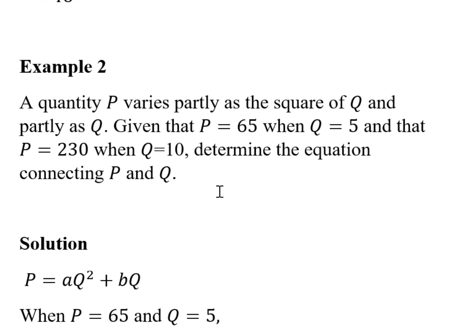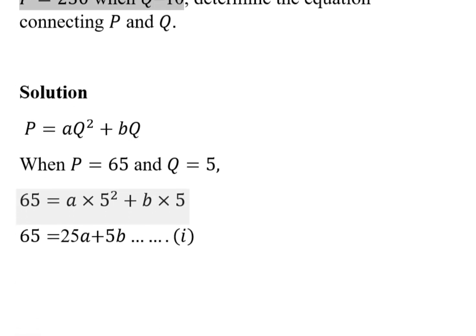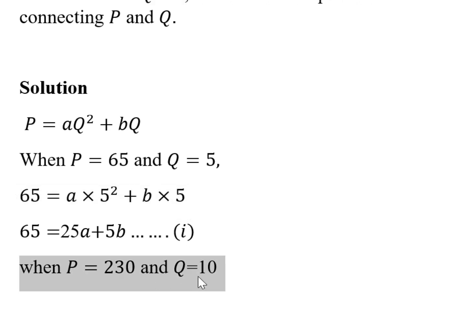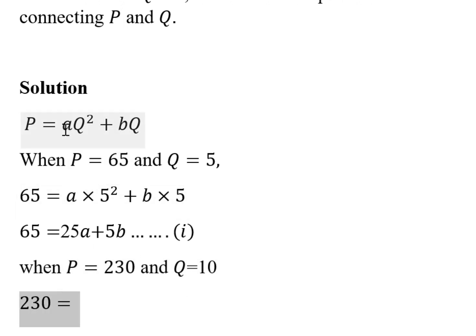Then we come to this second part. p is 230 when q is 10. We also substitute it in this equation to help us get another simultaneous equation. So we shall say when p is 230 and q is 10, instead of p we shall have 230 being equal to a times q.